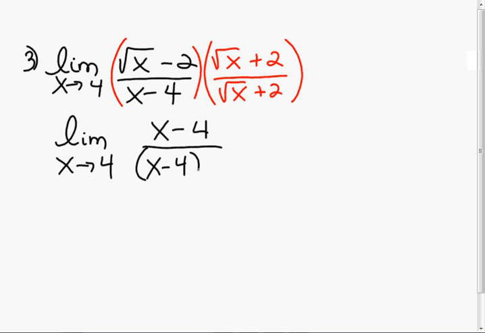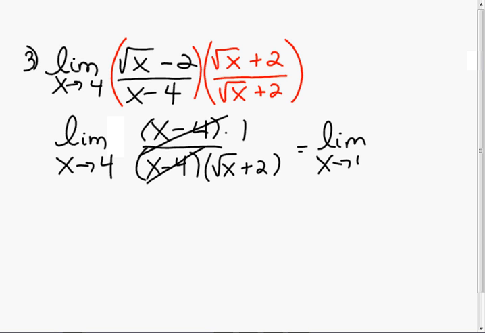X minus 4, square root of x plus 2. And they cancel out, because it's a multiplication problem. So it's equal to the limit as x approaches 4 of 1 over the square root of x plus 2. Now, I can go ahead and put 4 in because I didn't care what happened. But if I'm close to 4, I get this. That's right.